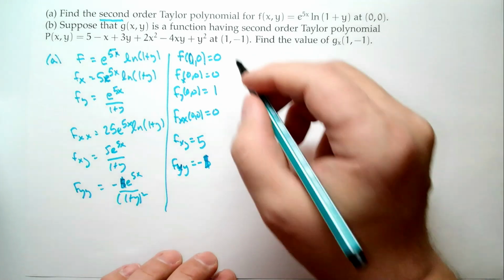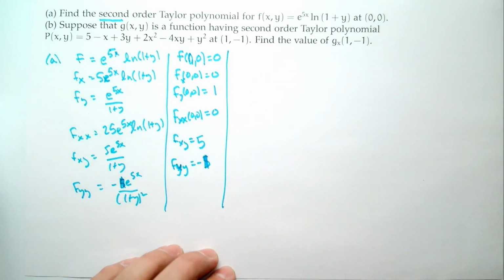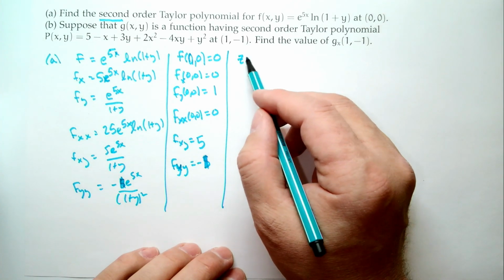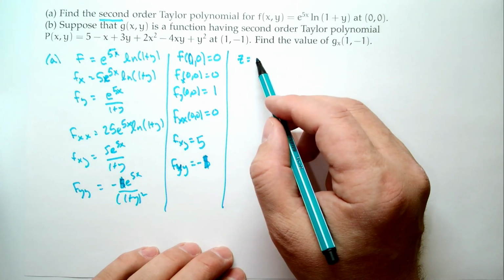All right. Now, you took your second order derivatives. You found all of them. You evaluate all of them. Then the last thing to finish off part A is to say, hey, what do I do? Well, it's a polynomial.